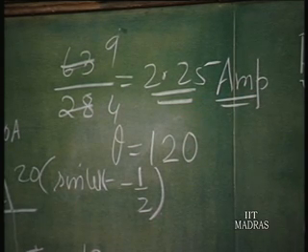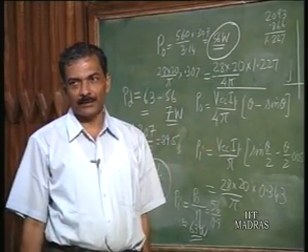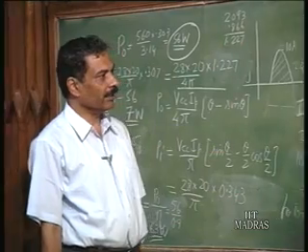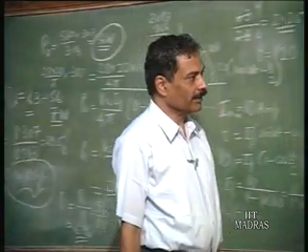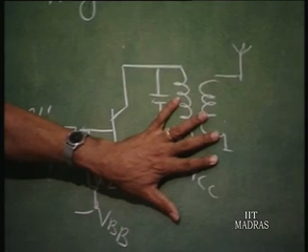So, this is the average current supplied by the battery. So, this completes in a sense the complete design of the output stage of our transistor power amplifier.